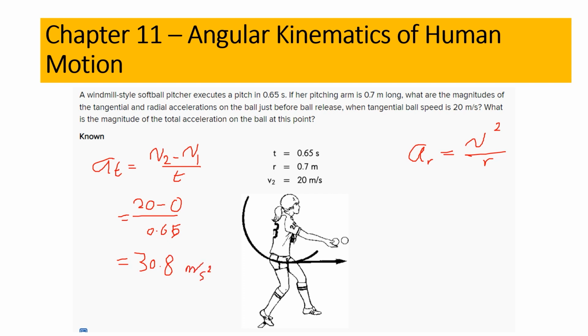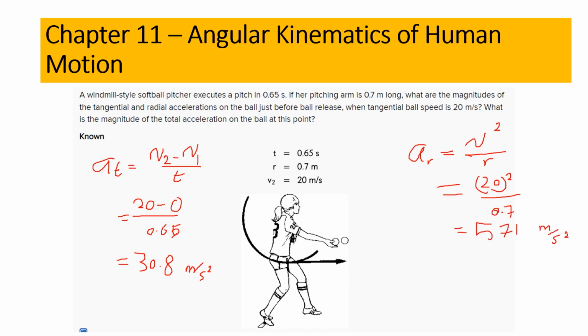That's the tangential acceleration, right? Now, for the radial, it's the same thing. We are leaving at this point with that same speed, so that's going to be 20 squared over the radius, which is the pitch arm. That is 0.7, correct? And if you do the calculations, that's 571 meters per second square.